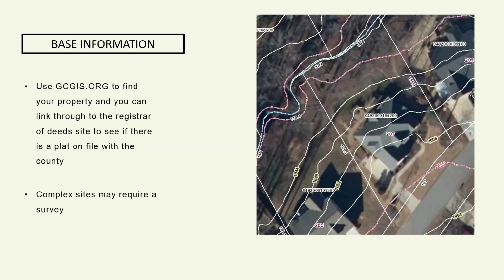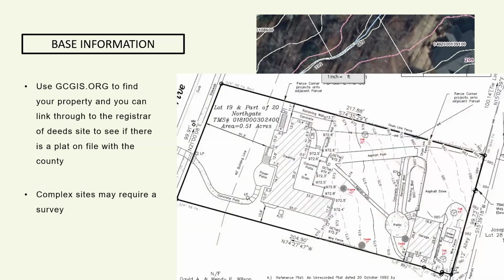So if you're going to get more serious, if you have a difficult site, if you are in a municipality that has stormwater regulations and we're having to capture runoff from new hardscape, then going to the next level and doing a survey of your property that really has exact property boundaries, house, drive, walls, patios, buildings, fences, overhead power lines, utility easements, all that good stuff, and topography, trees.